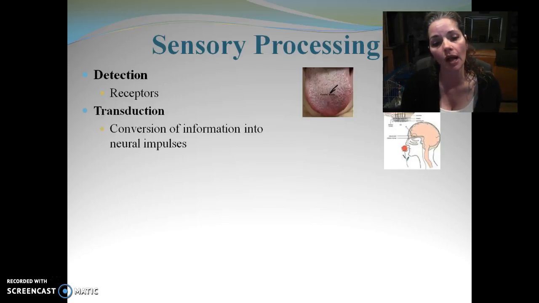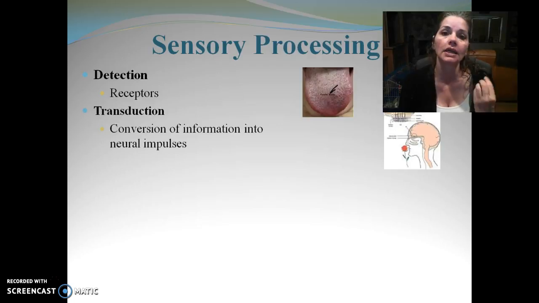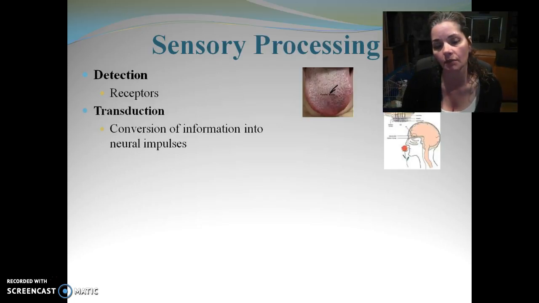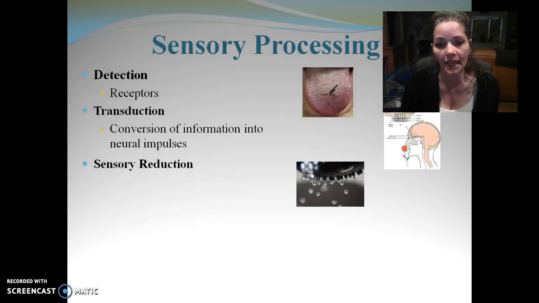Transduction is the process of converting the information into a language, in this case neural impulses, that our brain can understand. Our brain doesn't understand light waves. Our eyes transduce that information through the visual system in order to send neural impulses to our brain, which our brain does in fact understand.